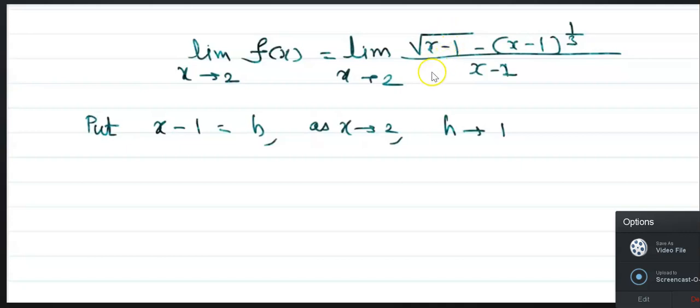Therefore, we here take the substitution x minus 1 is equal to h as x tends to 2. That is, substitute here x is equal to 2, that is 2 minus 1, and that is equal to h. 2 minus 1 is 1. Therefore, h tends to 1.